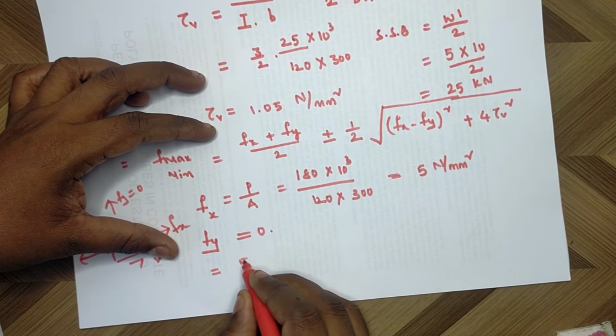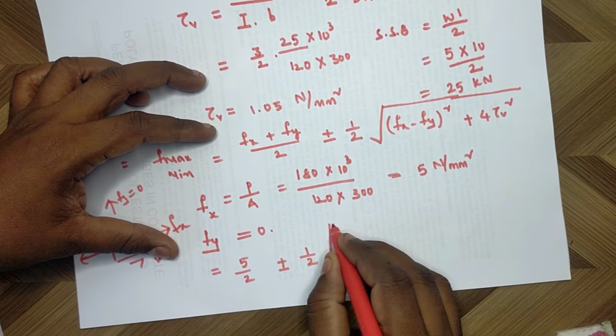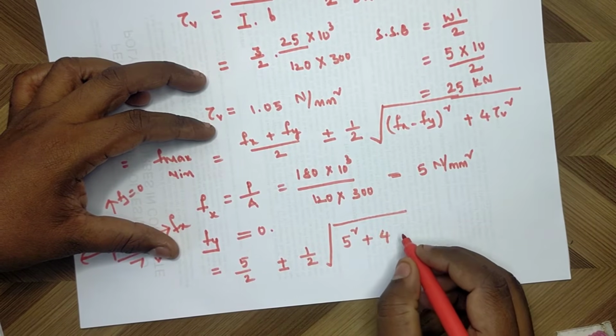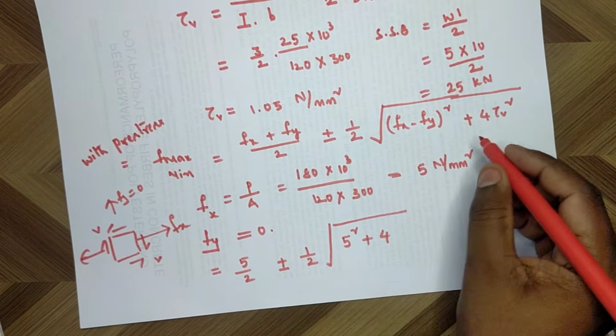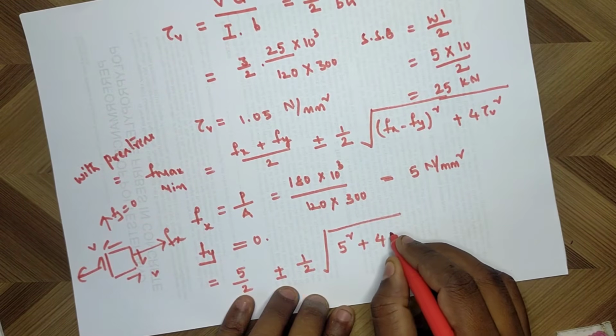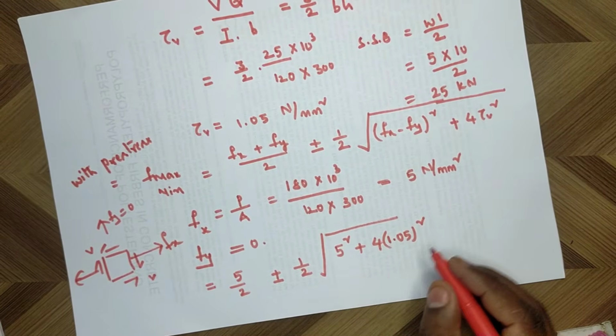Fx is 5 by 2 plus or minus half of the root of 5 square plus 4 times tau value squared. The tau value we already calculated as 1.05, so 1.05 square.